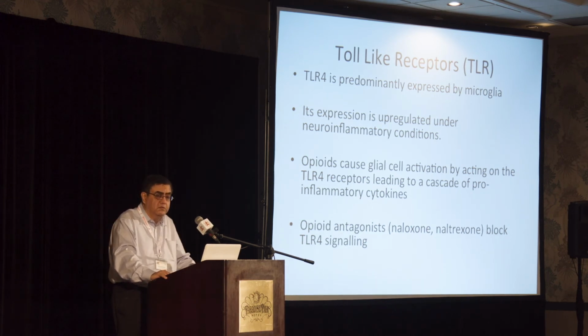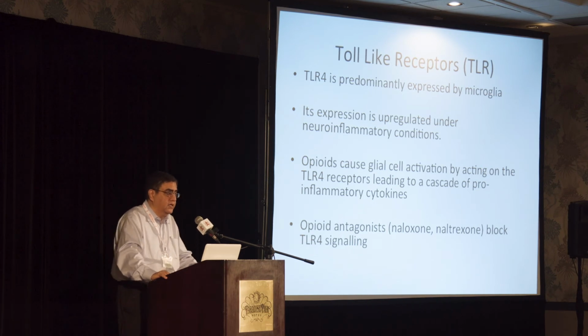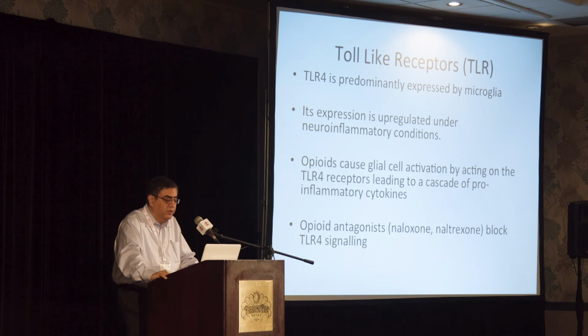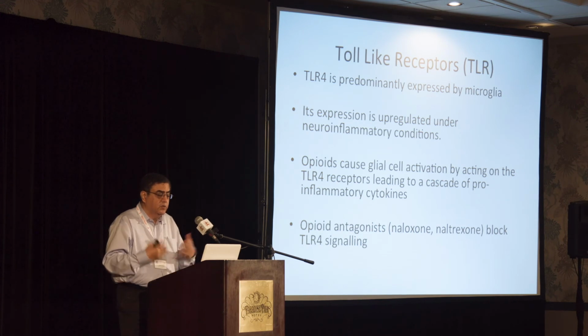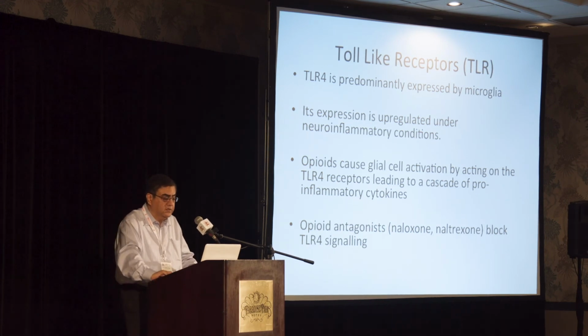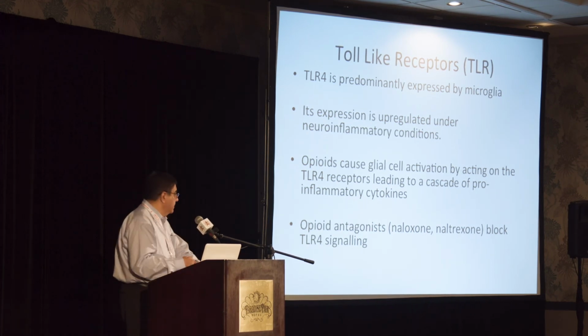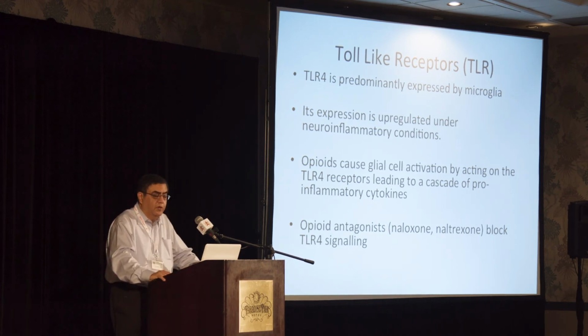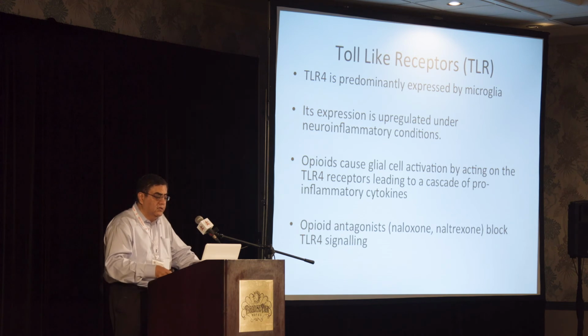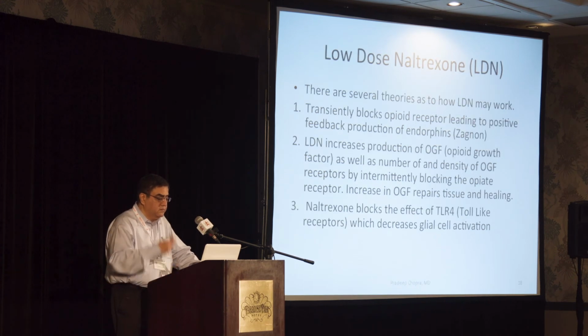There are certain conditions that cause these toll-like receptors to get activated, and one of them is opioids. So opioids in turn cause activation of the toll-like receptors, which then makes the glial cells activated, which then causes release of cytokines. So drugs like naltrexone, LDN, which blocks glial cells, which blocks TLR4 signaling, reduces pain.